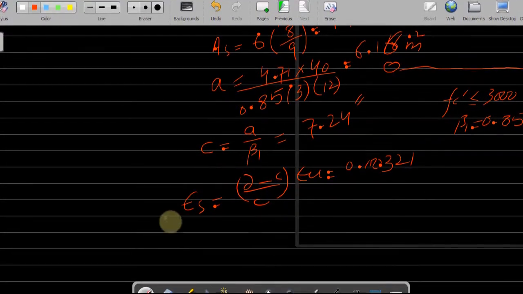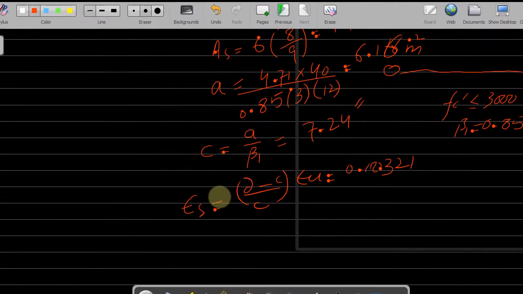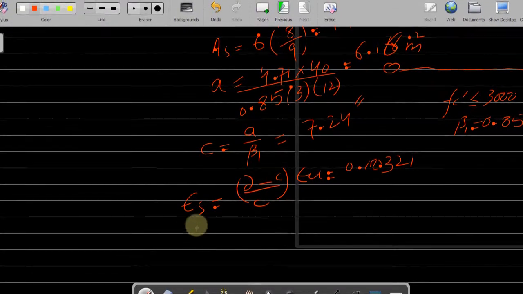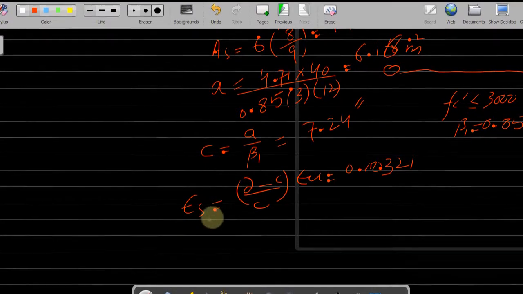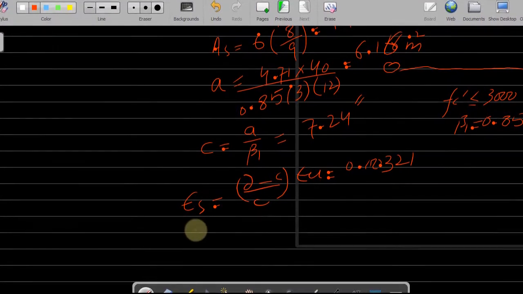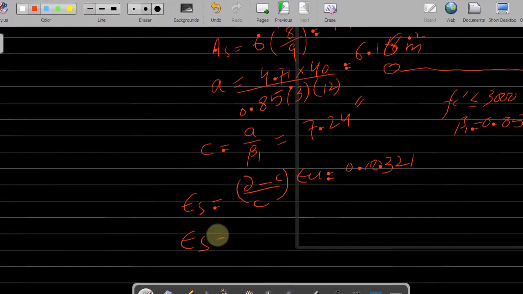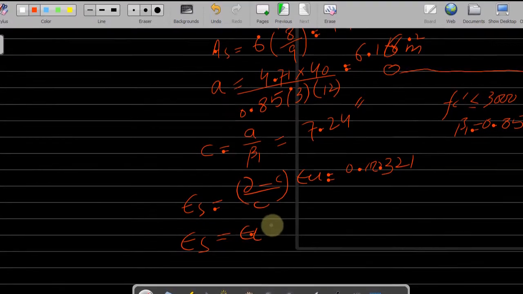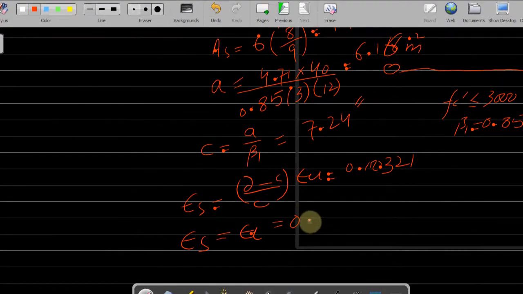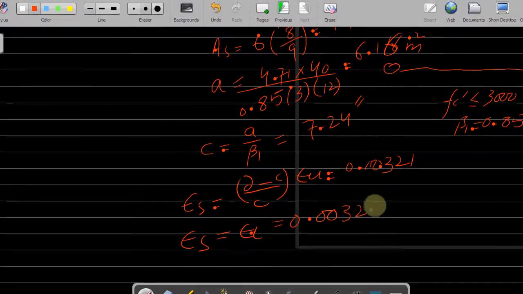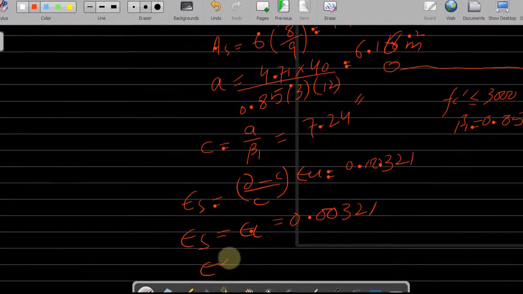As you see, the bars are placed in one layer. Although it is not mentioned right here, we are assuming that the bars are placed in one layer, so epsilon s equals epsilon t, which is 0.00321. What will be the value of epsilon y?